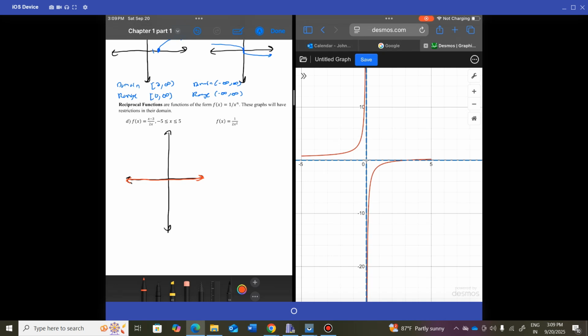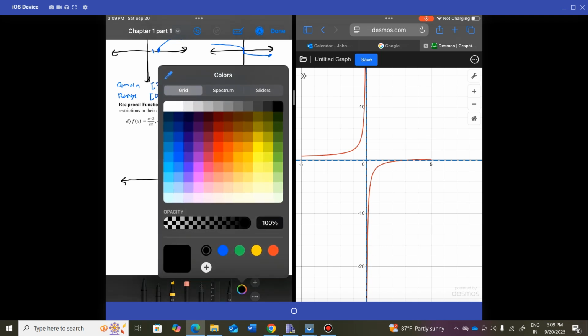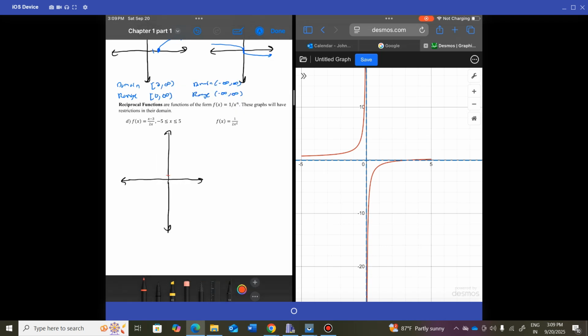Oh yeah, so now that I look at that, the asymptote, it's hard to see in the graph, the asymptote is not at y equals 0. It seems like it could be, but it's not. It's at y equals 1. I'll zoom in some here. Make this dotted.